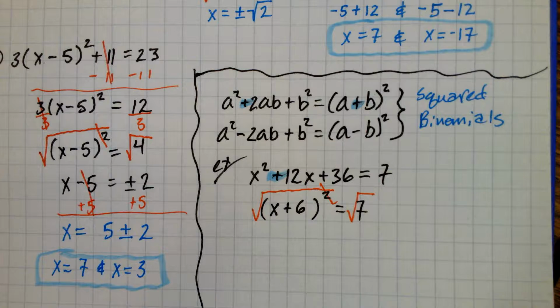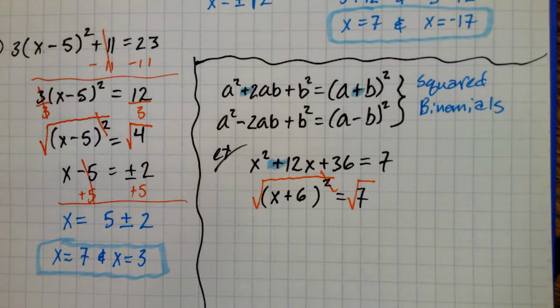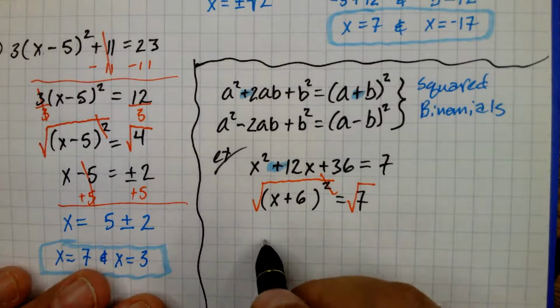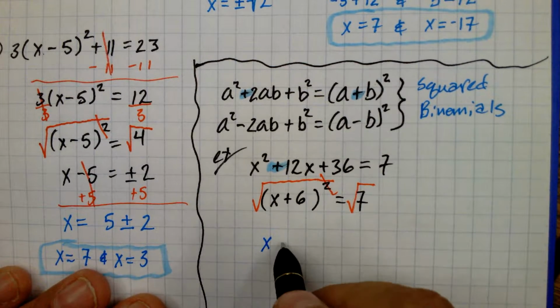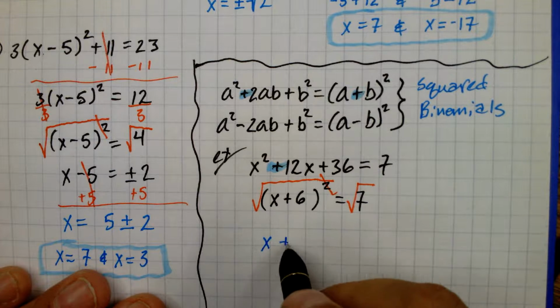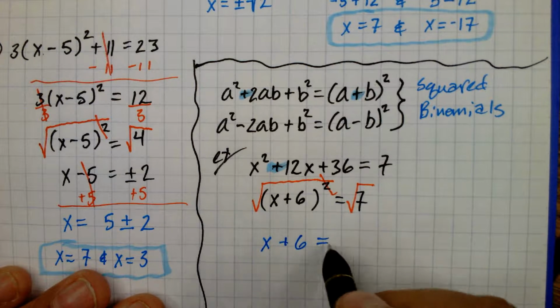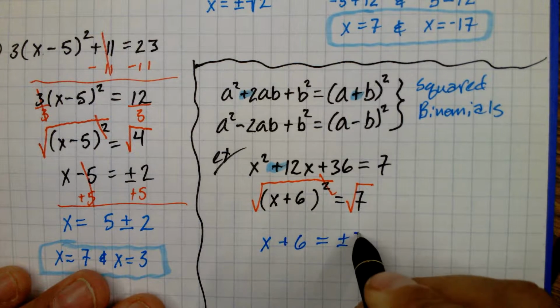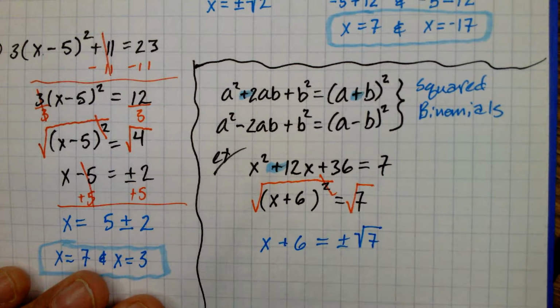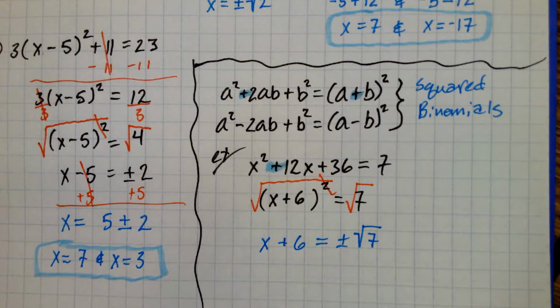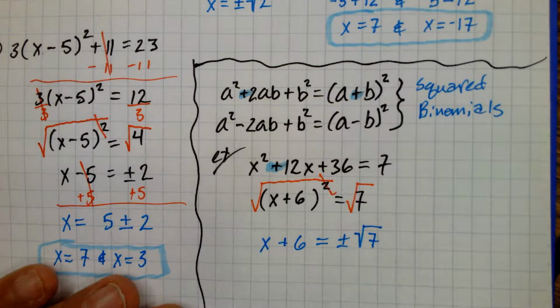Cancels. So what's the final answer? Well, we'll get there. Yeah, we're almost there. Get rid of the 6 though.